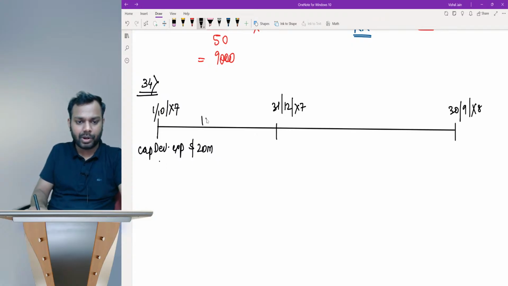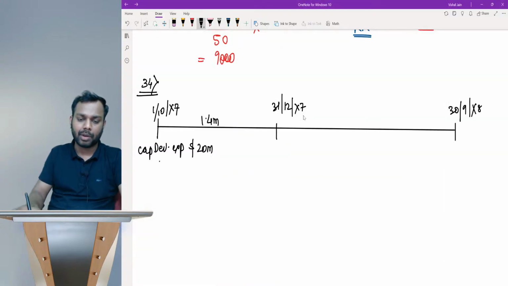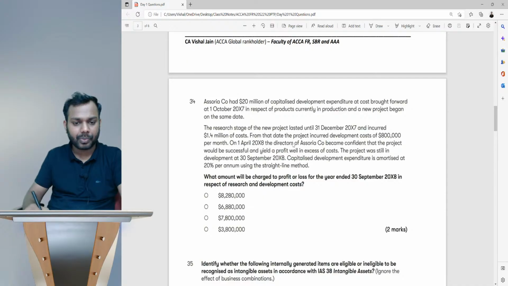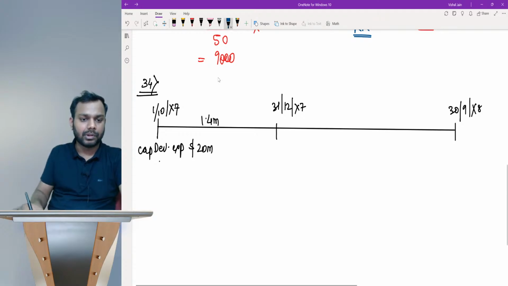So in this period 1.4 million is incurred. From that date the project incurred development costs of $800,000 per month. On 1st April 2008, the directors of Asoria company became confident that the project will be successful and yield. This is research phase.